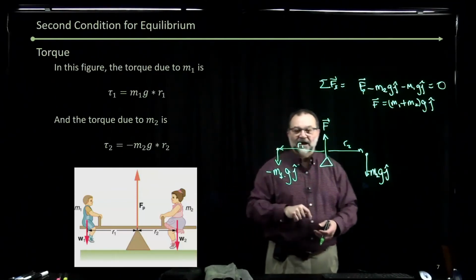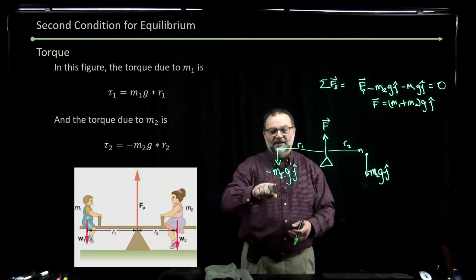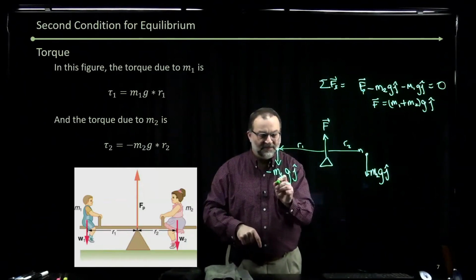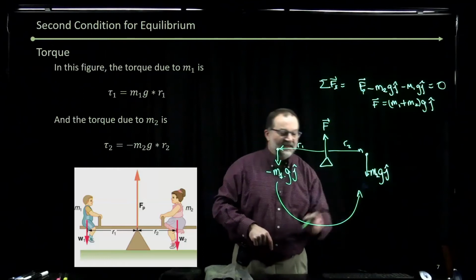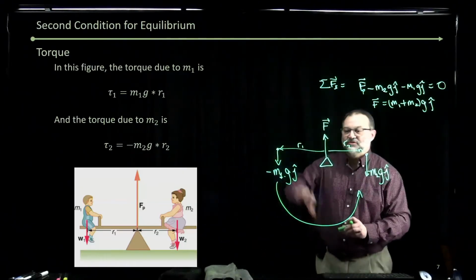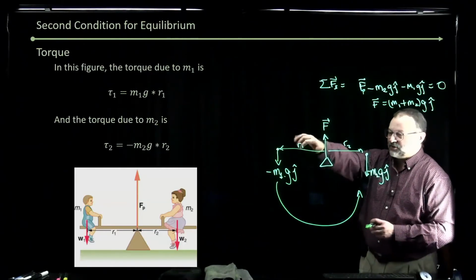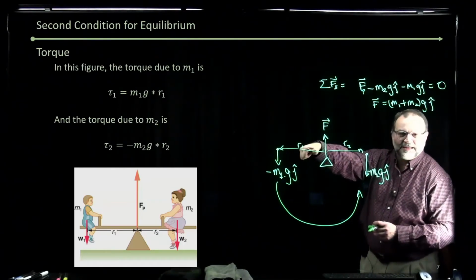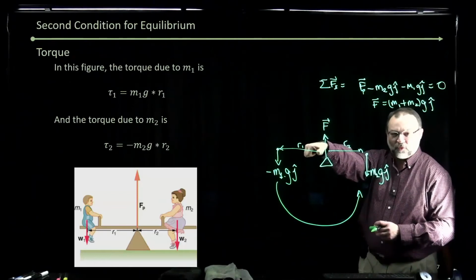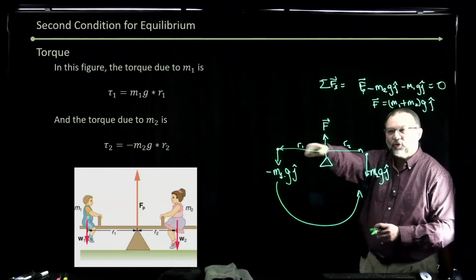Well, if we look at 1, this kid is going to cause a counterclockwise rotation. By the right-hand rule, counterclockwise rotation is going to be out of the board towards you. That's a positive torque.